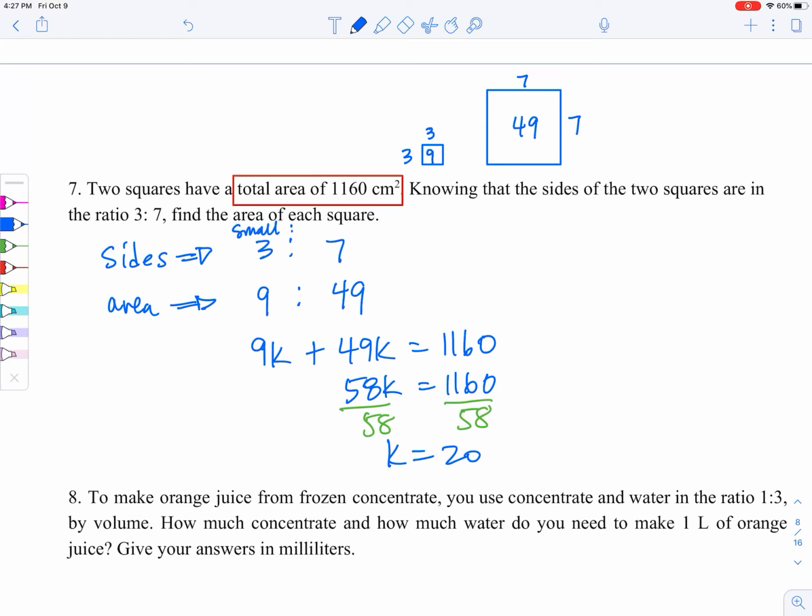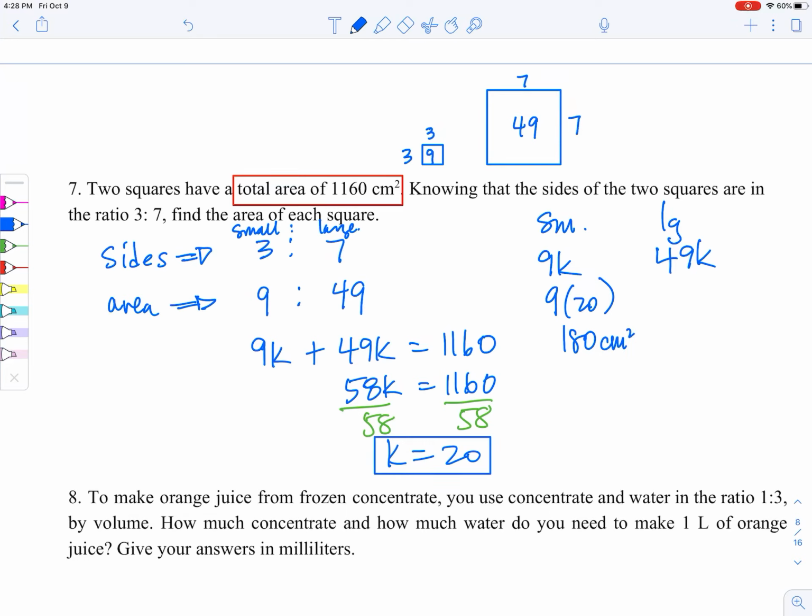So we have the small square and the large square, and now we want to find the area of each square. Small was 9k, large was 49k. Taking my value for k and substituting it in, for 9k it's going to be 9 times 20, which is 180 centimeters squared.